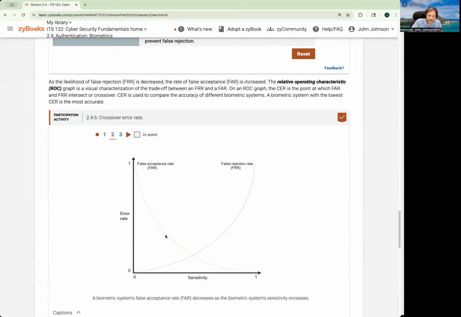So as it gets more and more sensitive, the number of acceptances is going to go down and the number of rejections is going to go up. Okay, so that's the way to think about that. The crossover error rate right here is where the two intersect or cross over. So the CER is the rate at which both of them are equal.